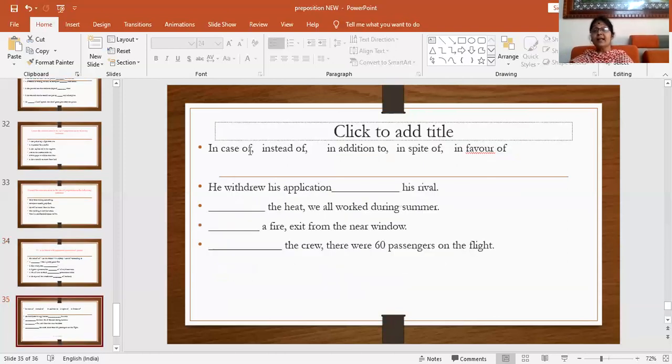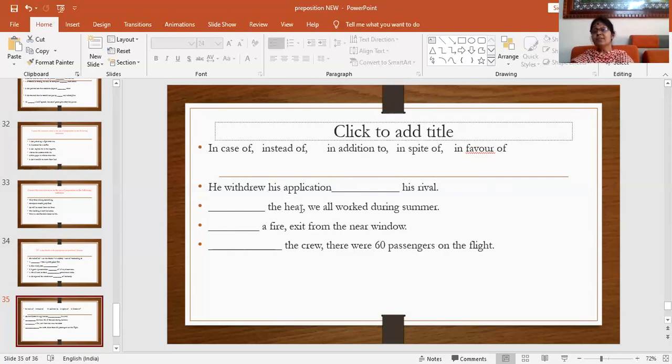Now here again there are 5 words. We will see which word will come. He withdrew his application dash his rival. He withdrew his application in favor of his rival, right? And then dash the heat we all worked during summer. Which one will we use? In case of, instead of, in addition to, in spite of, right?